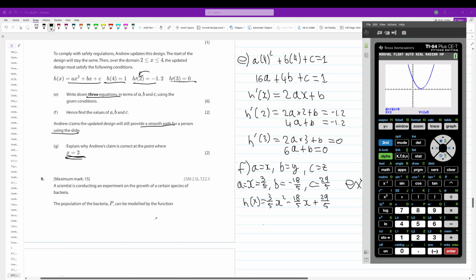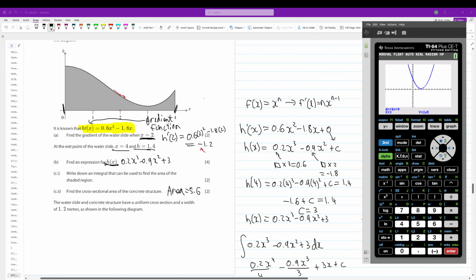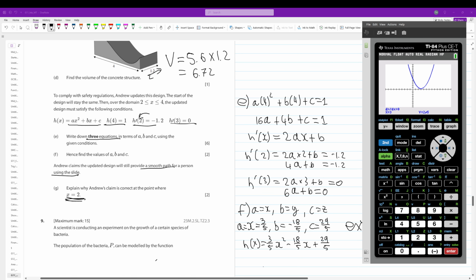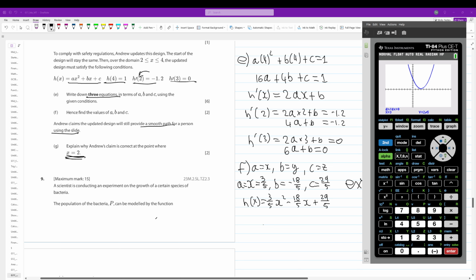It's the same gradient as before. When x is 2, x is 2. Therefore, the updated design will provide a smooth path because the gradients will be the same.